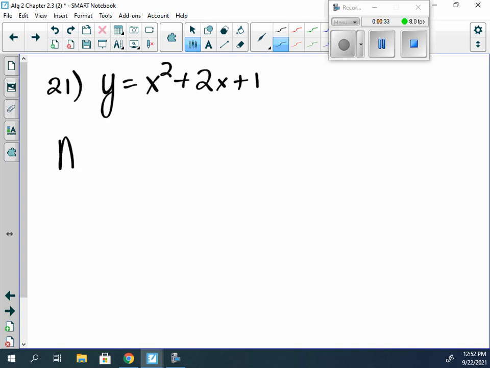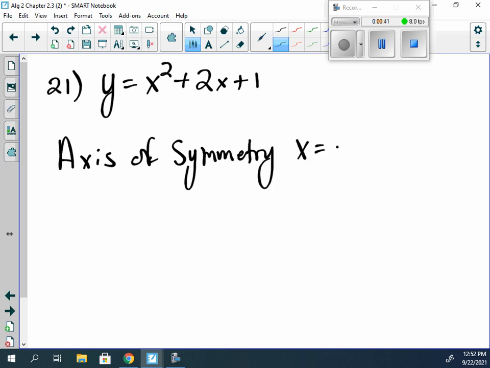Now the axis of symmetry for this is x equals negative b over 2a.